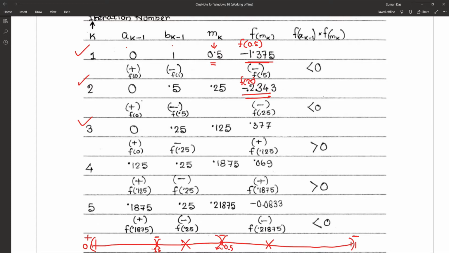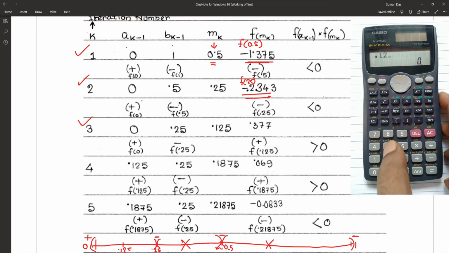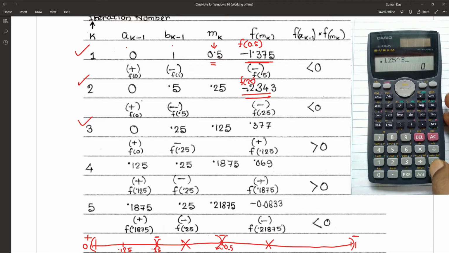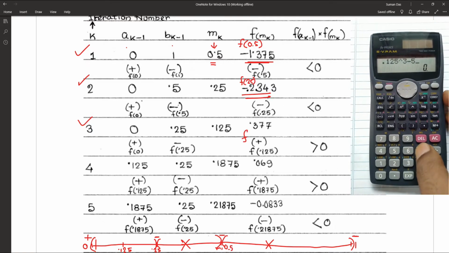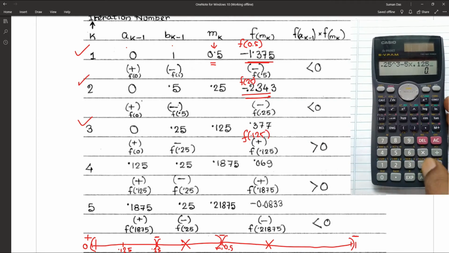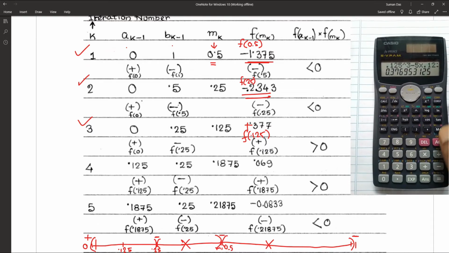We bisect that section and get 0.125. We find the value of the function at 0.125, and it is positive, 0.377.